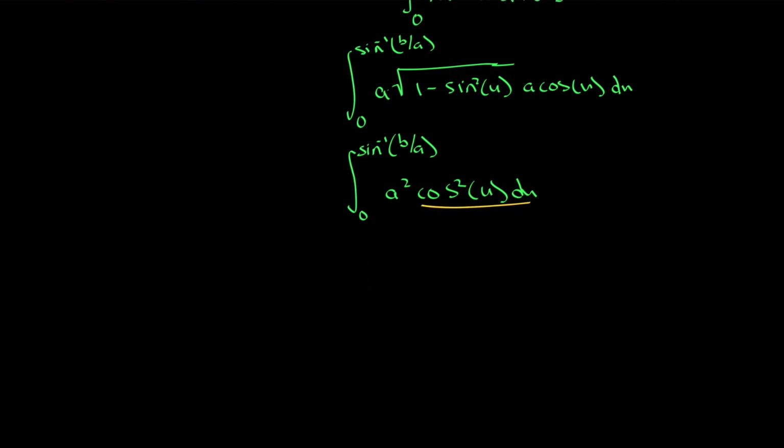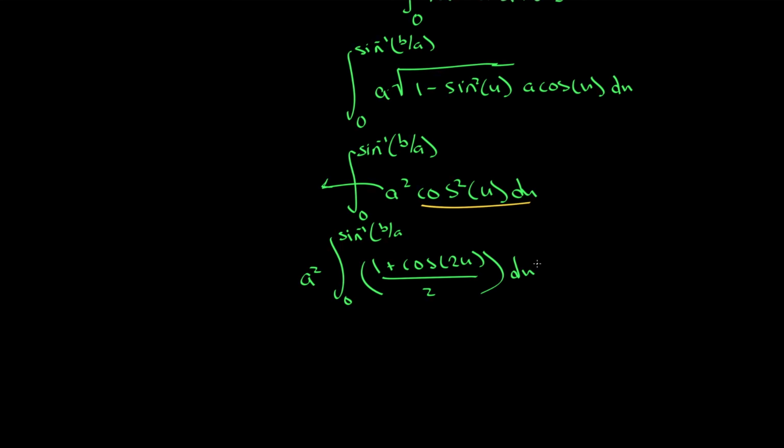So filling that in, we're going to have the definite integral from 0 to the inverse sine of b over a. And let's actually take this a squared out. It's just a constant, so we can throw this outside of our integral. And we said that cosine squared is this right here, 1 plus cosine of 2u over 2. And then we're still integrating with respect to u. And now it looks like we can finally anti-differentiate and evaluate.